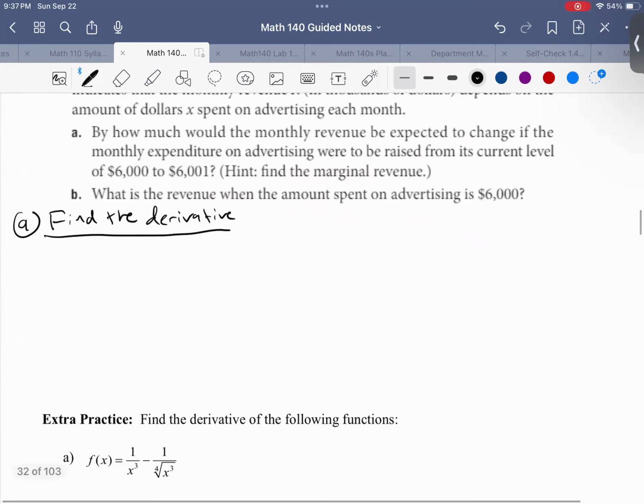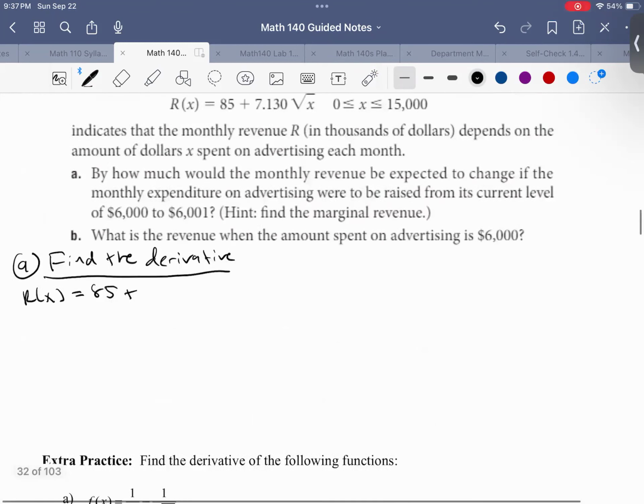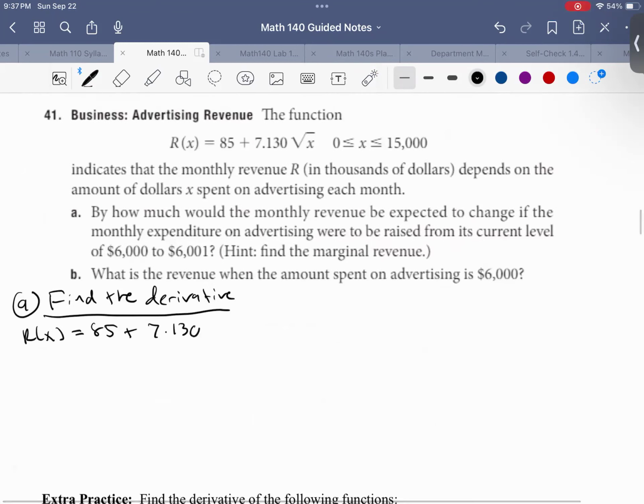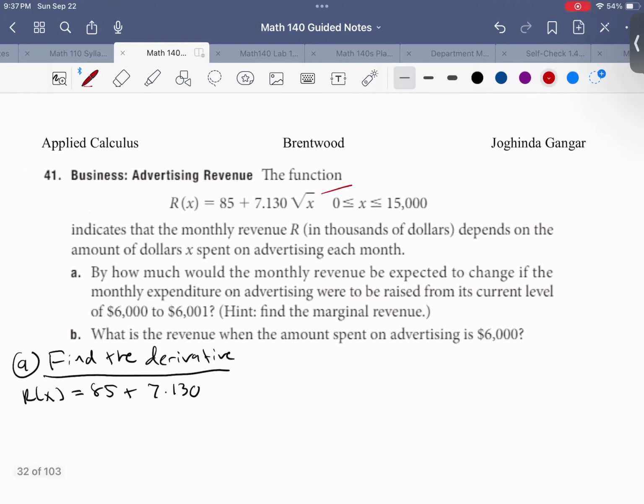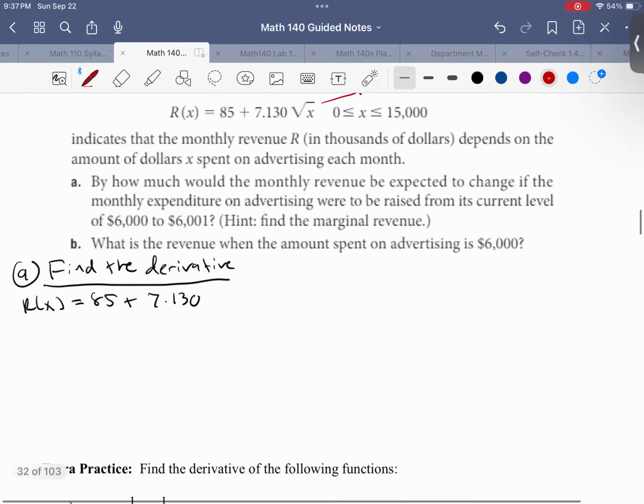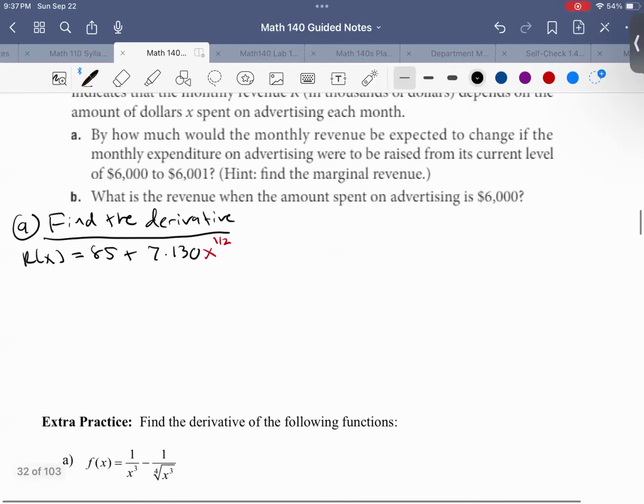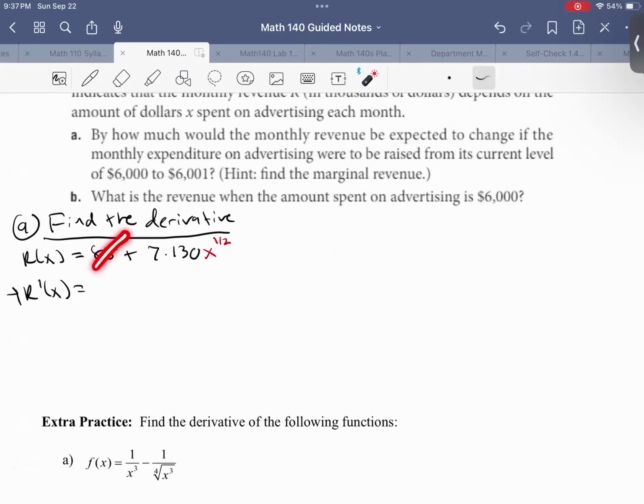So we have R of x equals 85 plus 7.130, and what I can do is rewrite the square root as x to the 1/2, because that way I can use the power rule. So I want to take the derivative. R prime of x: this 85 is just a constant, so it becomes 0, plus 7.130 times 1/2 x to the negative 1/2.